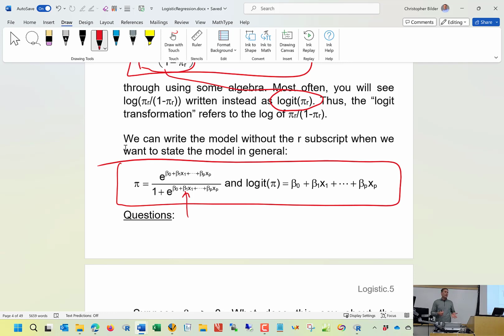Notice how the same thing happens here if beta 1 was equal to 0. If beta 1 was positive, this says that as x goes up, the probability of success, or pi, goes up. If beta 1 was negative, then it says as x goes up, the probability of success goes down. Okay?